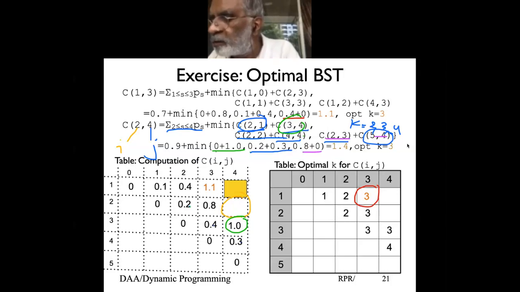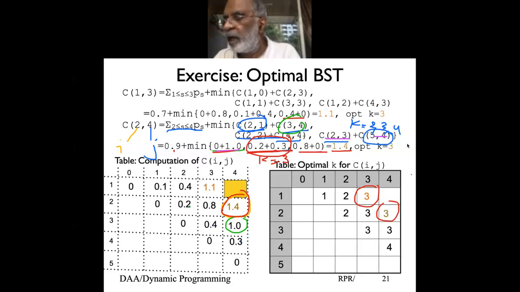So the minimum: this is 1, this is 0.5, this is 0.8, this gives you the minimum, and the minimum comes from when k is equal to 3. So 0.9 plus 0.5 gives me 1.4 and that is what I get, 1.4 here, and this 1.4 comes from k is equal to 3, so I put k is equal to 3 here as my root.